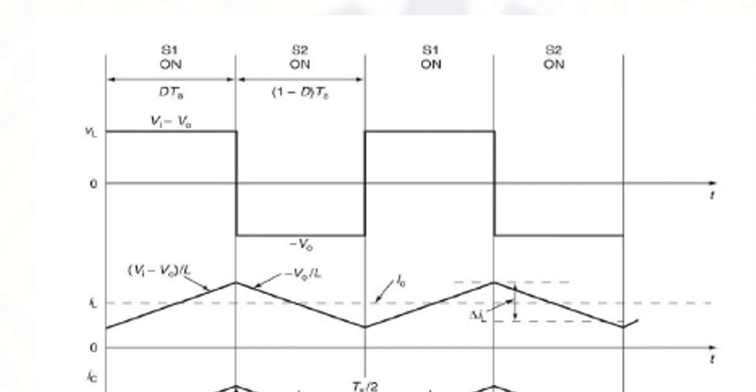During this duration D into TS, switch S1 is on and S2 is off. So the voltage VL across the inductor during this time is VI minus VO, where both the quantities are DC quantities, and hence VI minus VO will be a DC quantity.